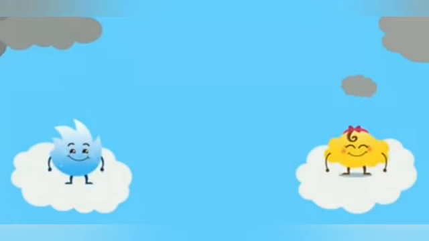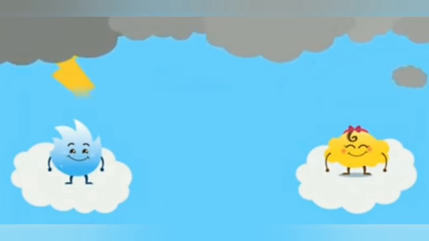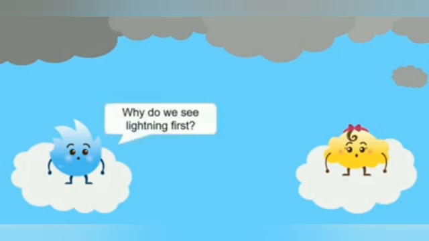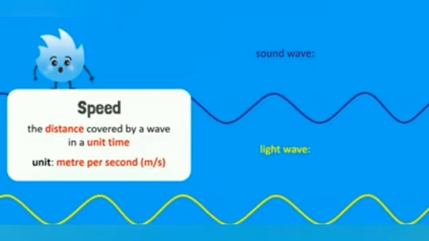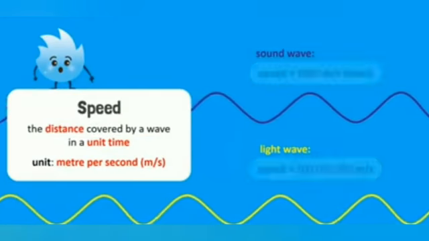Imagine seeing a flash of lightning and hearing the thunder of clouds. First, we will see the flash of lightning, and a few seconds later, we will hear thunder. But why do we see lightning first? This happens because both light and sound are waves that travel at different speeds.